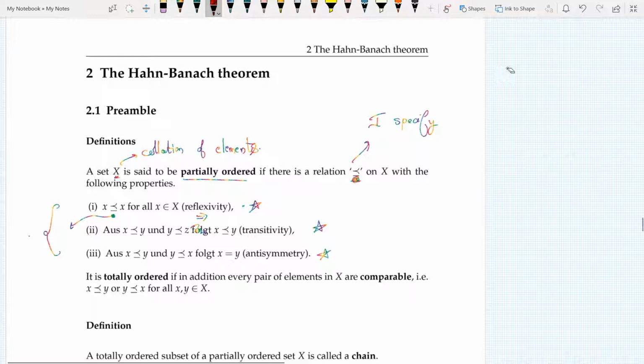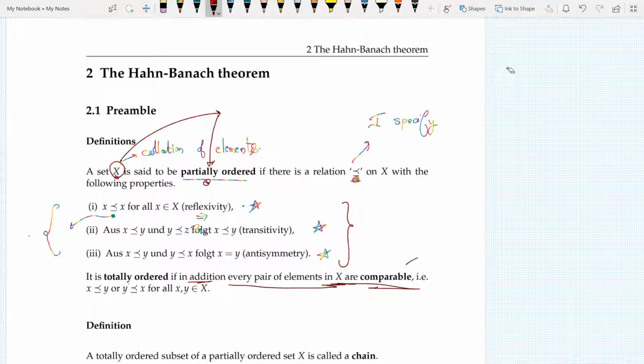So when I have these three properties on my set X, then my set X is said to be partially ordered.